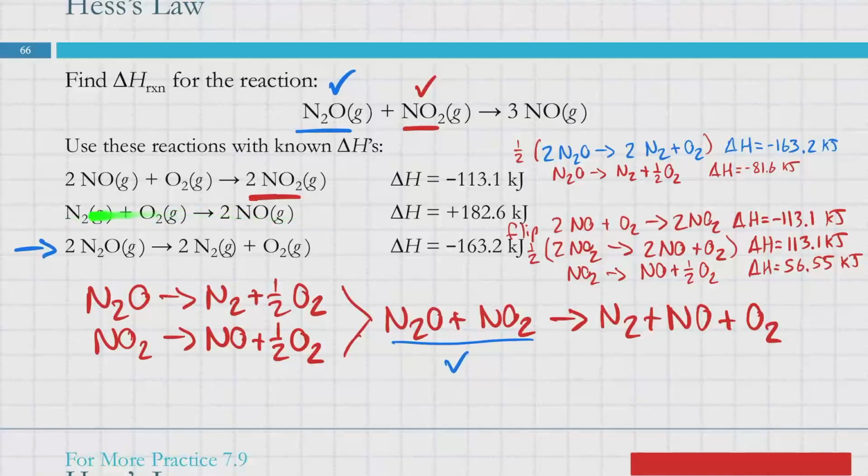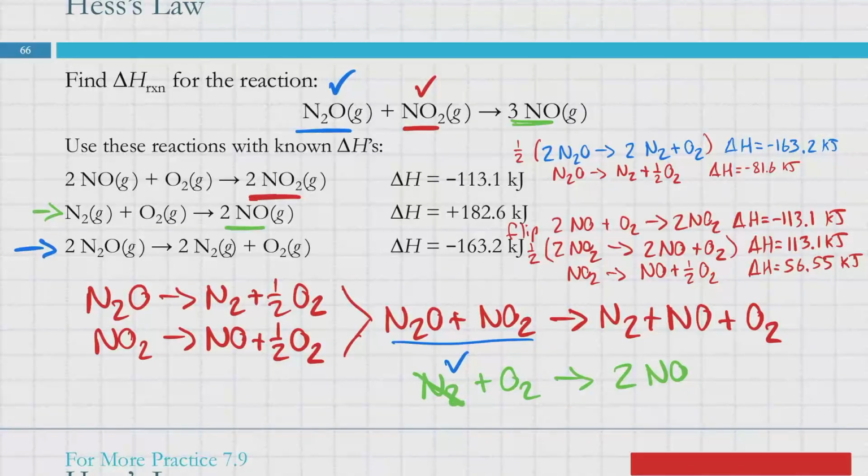Can we use our third equation to cancel these out? How many more NOs do we need on the product side to get to 3? 2, right? Which is what we have in this middle equation. So if we add N2 plus O2 and 2NO, anything that's duplicated on the left and the right we can get rid of.